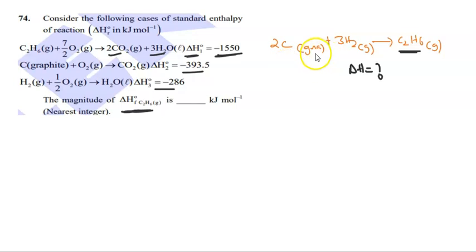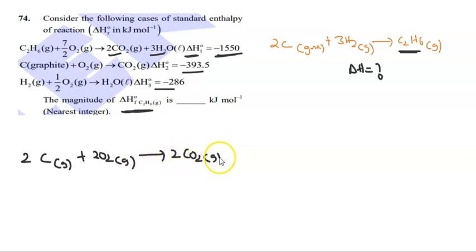You have to multiply the second equation by 2: 2C graphite plus 2O2 gas gives 2CO2 gas, delta H2 is equal to minus 2 into 393.5 kilojoules.